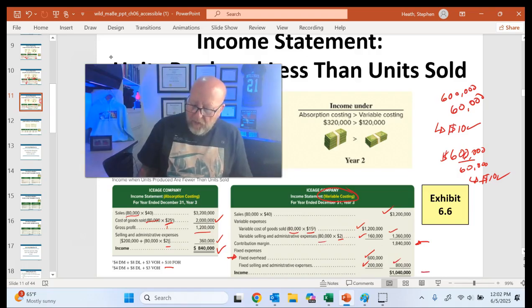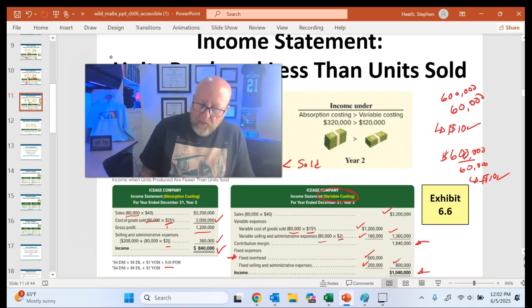And our income is 1,040,000. Now, the important thing to remember, again, is that when units produced is less than sold, then our absorption costing is going to be less than variable costing.